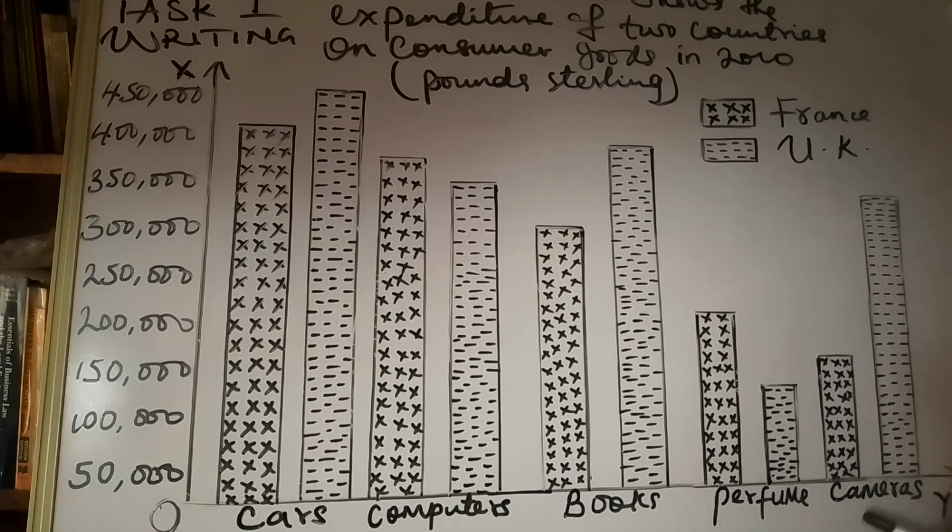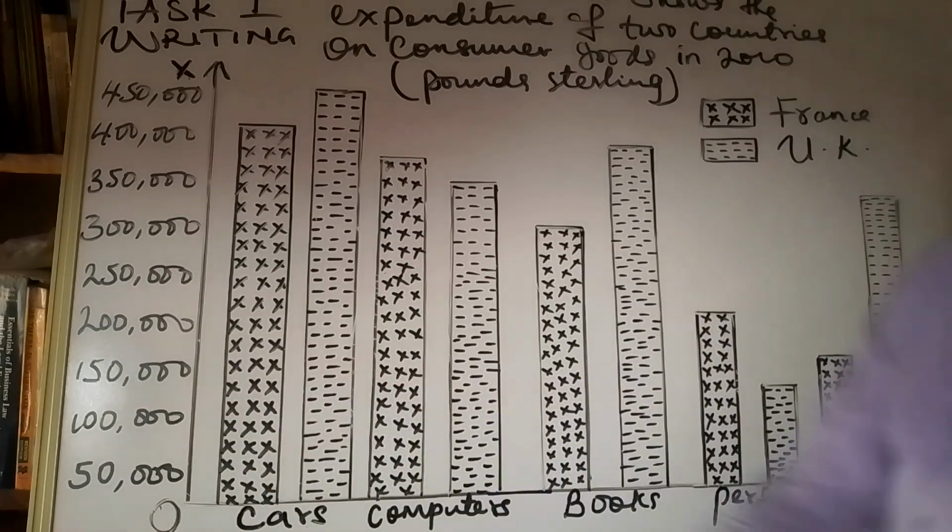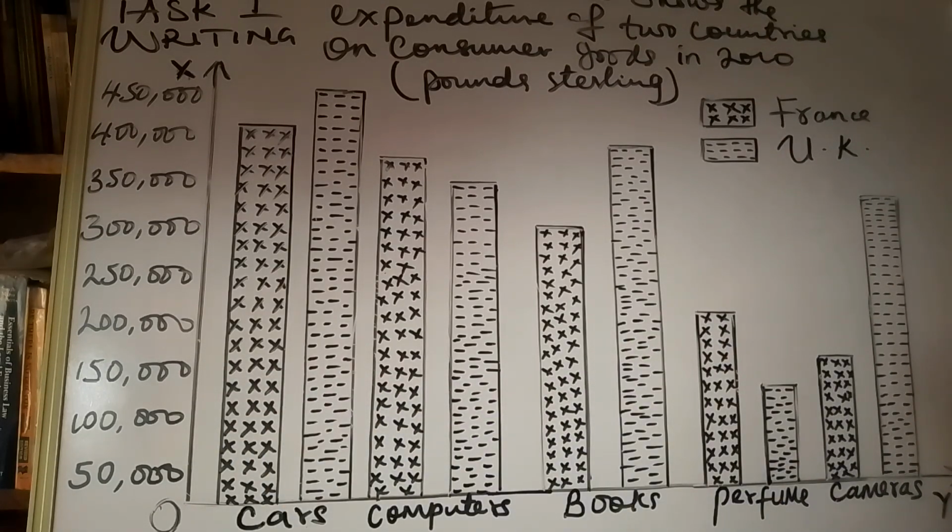And as regards cameras, the British expenditure, which stood at £350,000 in 2010, was more than double that of the French, which stood at £150,000. And this is the most significant difference between the British expenditure and the French expenditure in the period under survey.